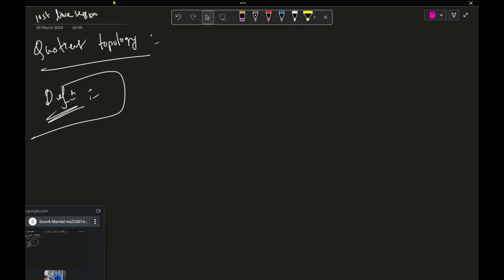Suppose we have a rectangle. Now if we join the b sides, then what will we get?